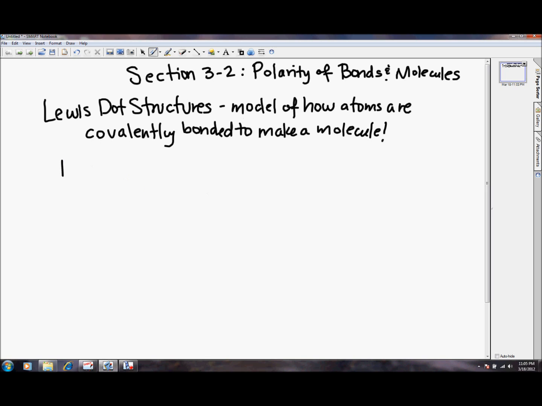Okay, so in order to do Lewis dot structures, we need the pieces, if you will, to make Lewis dot structures. And these are called Lewis dot symbols. All these do is they just show the valence electrons for an atom, for any particular element.